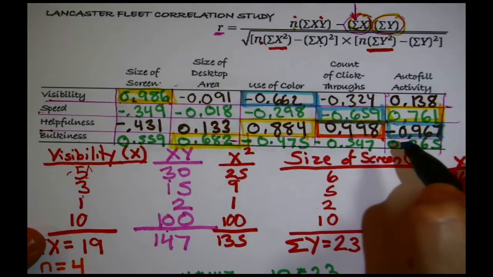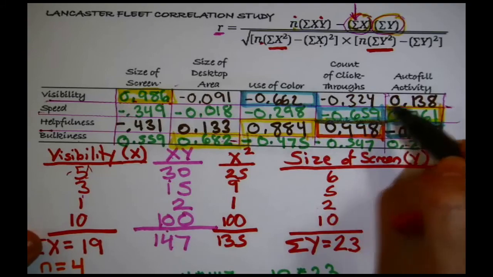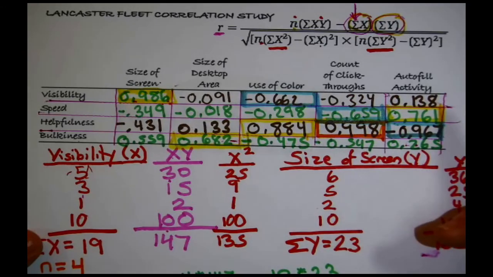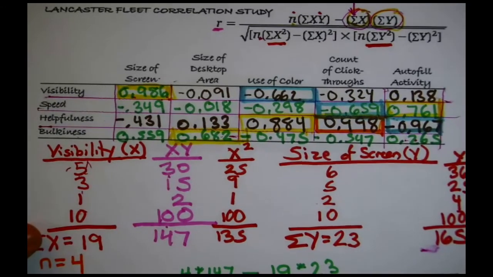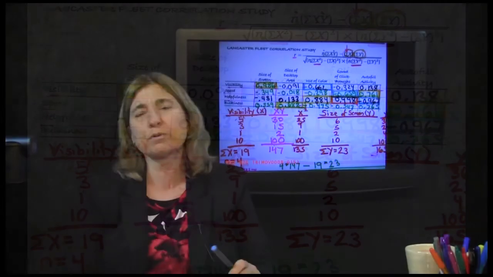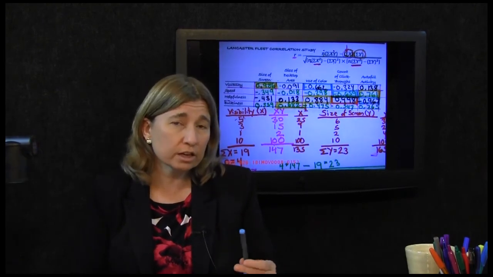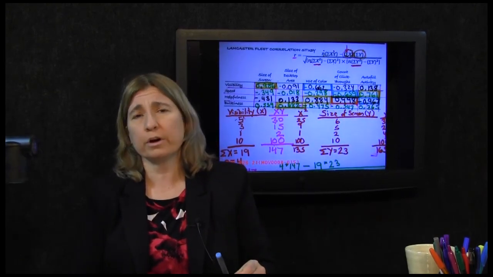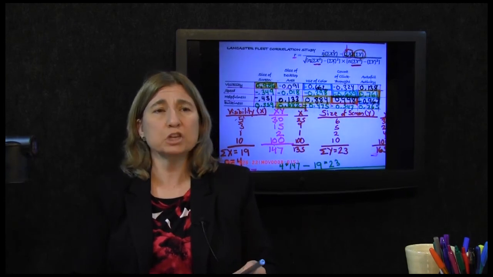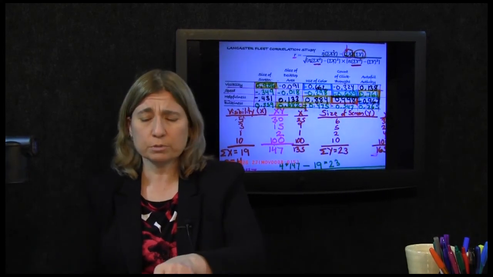That one belongs to speed and the count of click-throughs. So those two things, it's suggesting, tend to work against each other. I think that's spotted all the significant ones, provided that you agree that we define significant as being above 0.6 or below negative 0.6. Again, that's a judgment call.